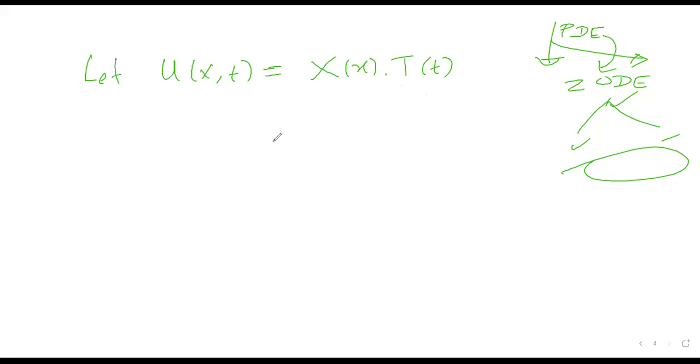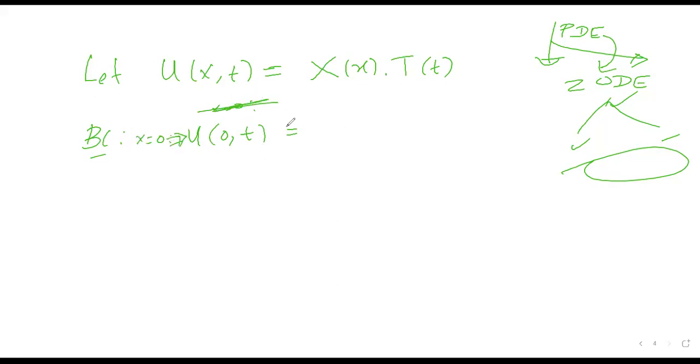This is how you have to solve it. So first, let's incorporate my boundary conditions. As I know, u of 0 comma t is equal to what? 0, no?